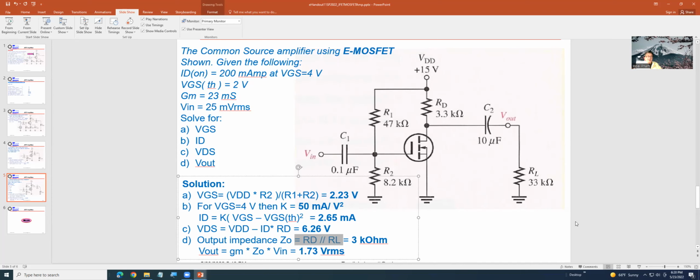This is the MOSFET. The formula to calculate gain will be the same as the JFET.